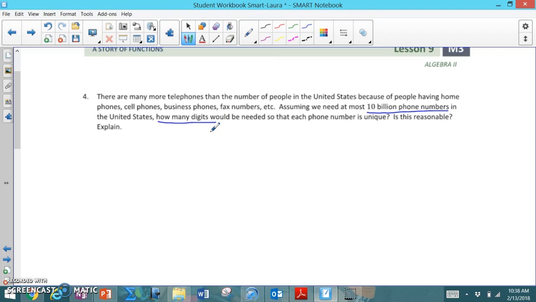Okay, so for this, we are going to assume that we can use the numbers 0 through 9 for this problem. So again, I'm going to ask myself what power, so I'm using logs, because we're going to say each number can be 0 through 9. We're going to do log base 10, which we wouldn't have to put the 10 there. And then since we need 10 billion phone numbers, I'm taking the log base 10 of 10 billion.